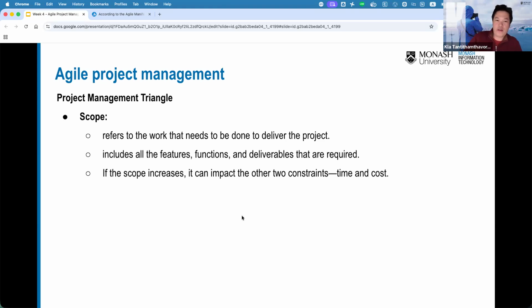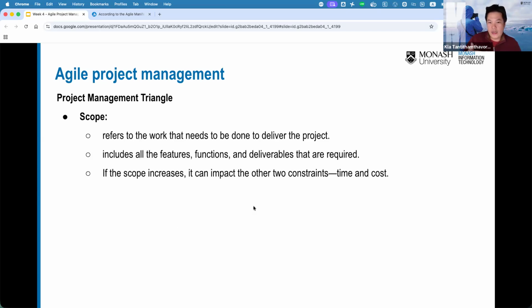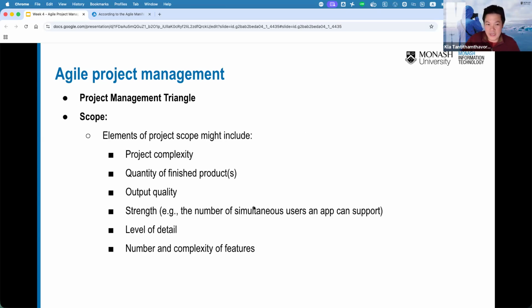And if the scope increases, it can impact the other two constraints, which are time and cost, right? Very intuitive here. When the scope increases, sometimes the complexity increases, and the quantity of the finished product is impacted.